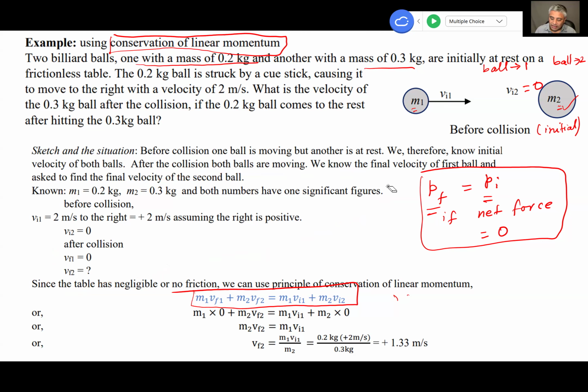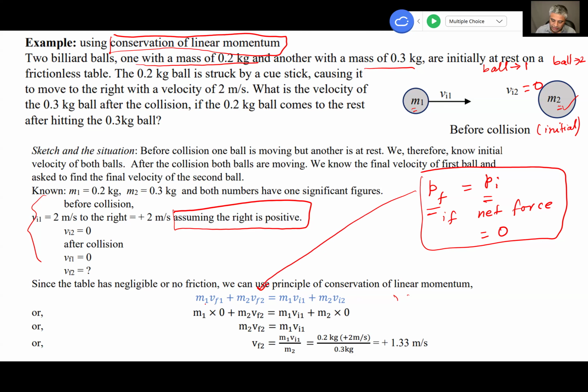For these velocities, to include direction we need a positive or negative sign, and for that we need to assume which side is positive. Here I am using the obvious choice: positive is to the right, okay? Once you list all these, this conservation of momentum can be expanded into this, which I think is also in the formula sheet.